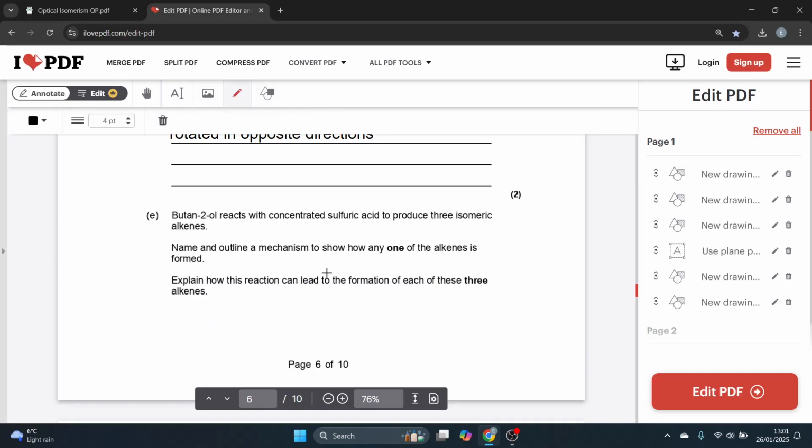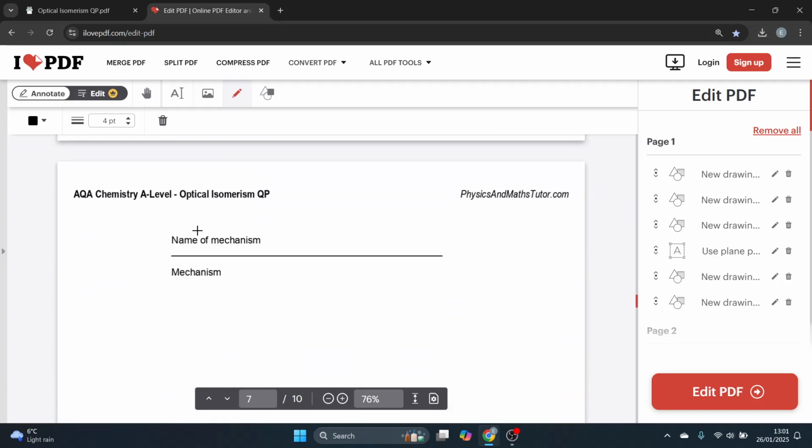Butan-2-ol reacts with concentrated sulfuric acid to produce 3 isomeric alkenes. Name and outline the mechanism. So it's going to be butan-2-ol, an alcohol, reacting with concentrated sulfuric acid to produce an alkene. It's going to be elimination then. Elimination, and the mechanism.